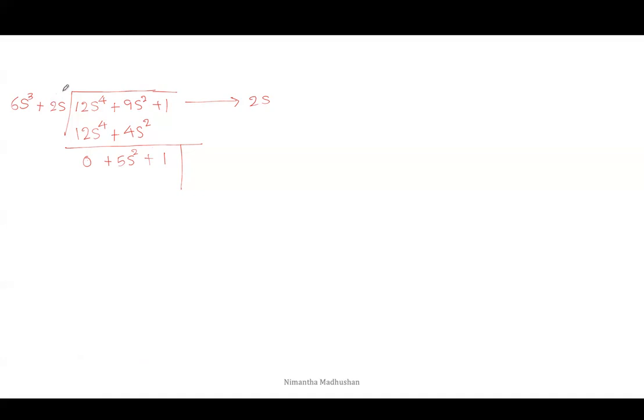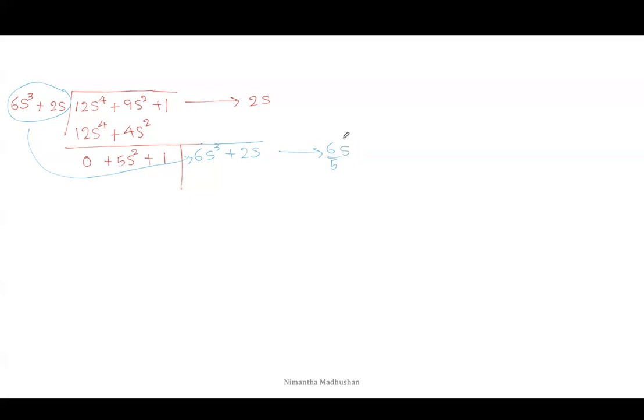Now I use this term here, 6s to the power 3 plus 2s. Now I divide this term by 5s squared plus 1. From this one, the answer will be 6 over 5 times s.